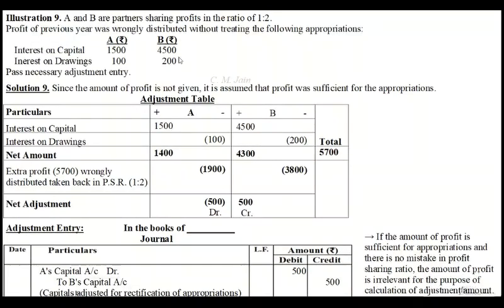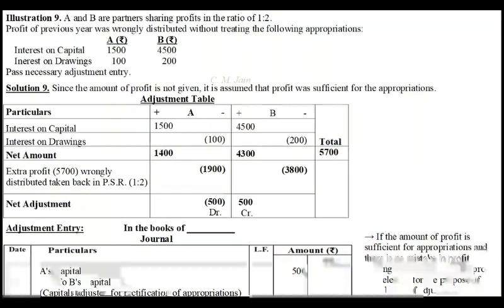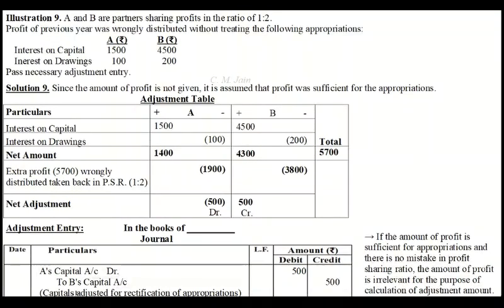Now in this question, we were not given the amount of profit and we did not even require it. Even if I tell you profit amount was, let us say, rupees 10,000, it does not make any difference. Or 20,000 or 30,000, whatever was the amount of profit does not matter.